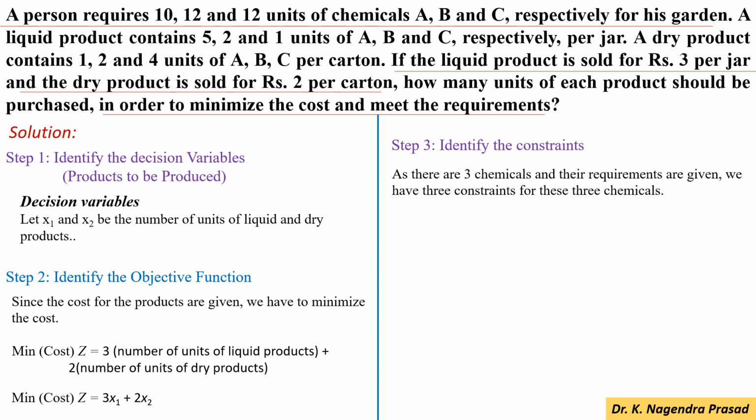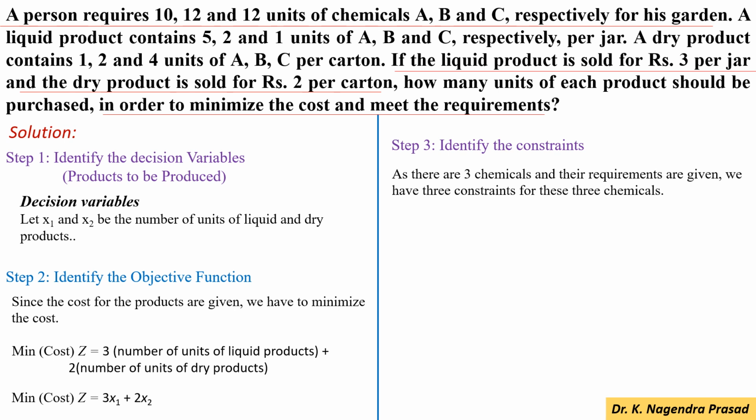So as there are 3 chemicals and their requirements are given, we have 3 constraints for these 3 chemicals. First constraint is the chemical A point of view.